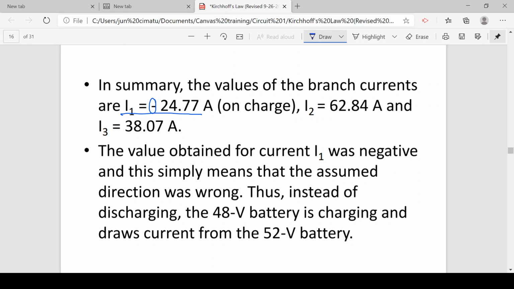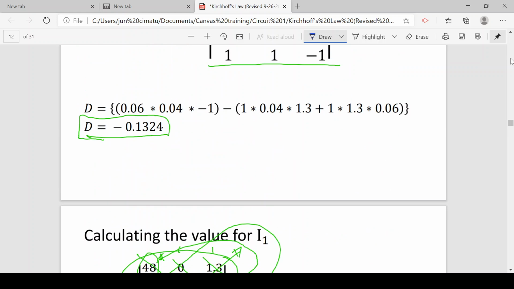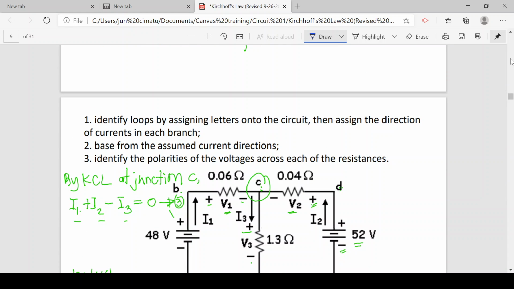This means that our assumed current direction is wrong, and therefore this current is going downward, or it charges the battery, the 48 volt battery.